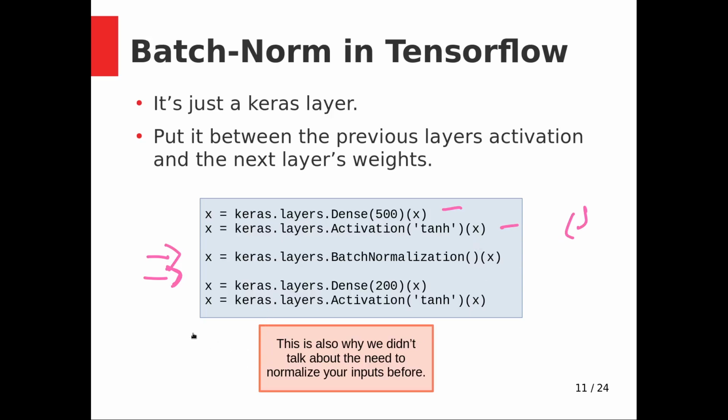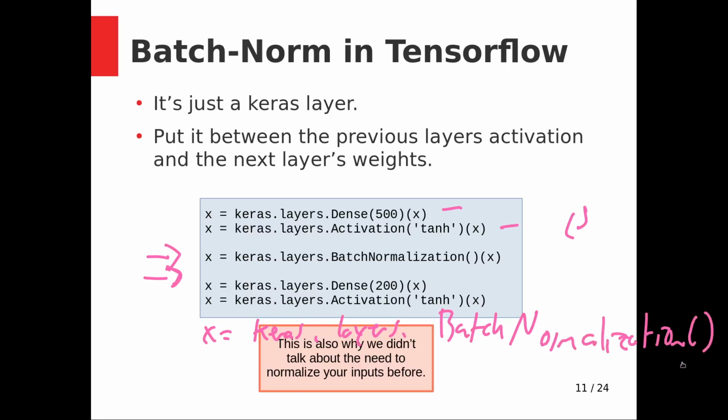And if we had more layers down here, we'd have to keep doing keras.layers.BatchNormalization. But that's it, right? We just put a batch norm layer in, and it will normalize the activity of the layer.